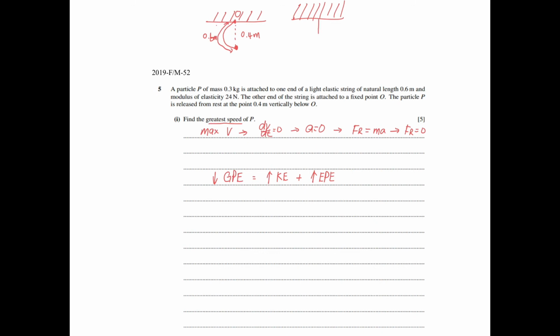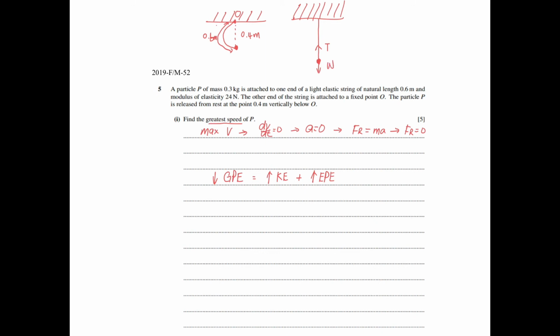The moment it has maximum speed, it should have gone down for a particular distance, and at that time the string is stretched, so there is tension, and the weight of the particle is acting downwards.